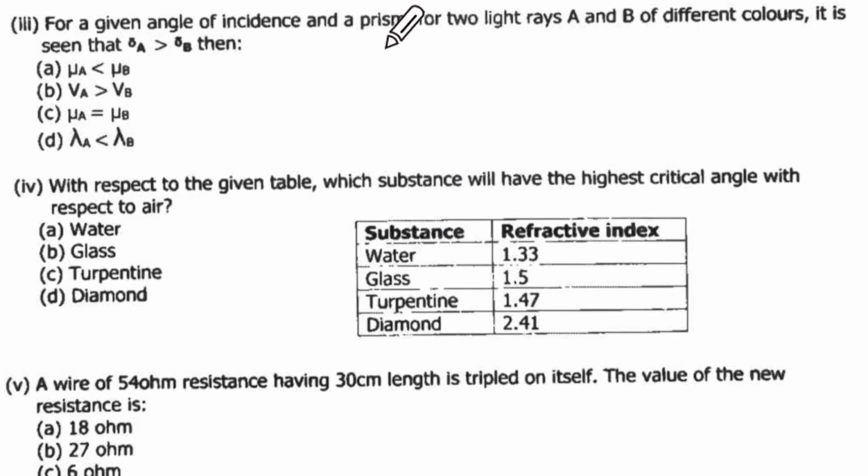What do they say? For the given angle of incidence and a prism, the two light rays A and B of different colors, it is seen that delta A is greater than delta B. Now remember, your delta A is greater than delta B. Now delta and lambda, how are they connected? Inversely proportional, correct?